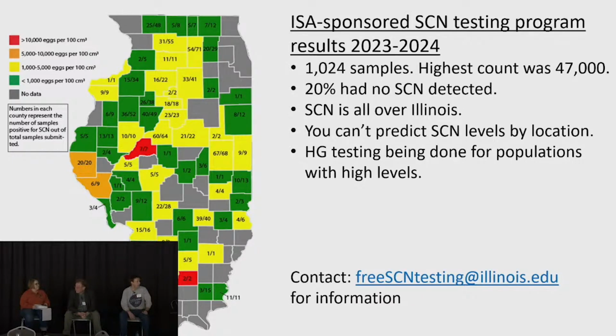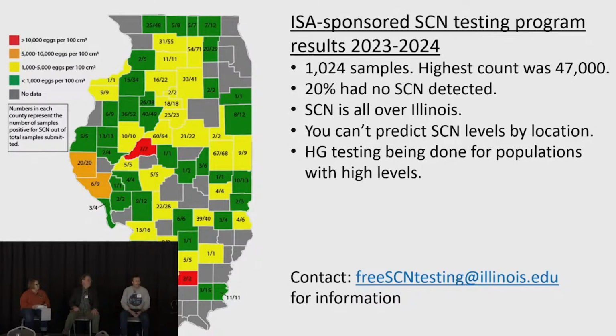I think the take-home message from this is one that many people are probably familiar with: SCN is here. We have it in Illinois. The other is that it's very patchily distributed, which we see at both a field scale and a statewide scale, so we can't just predict that SCN will or won't be there.